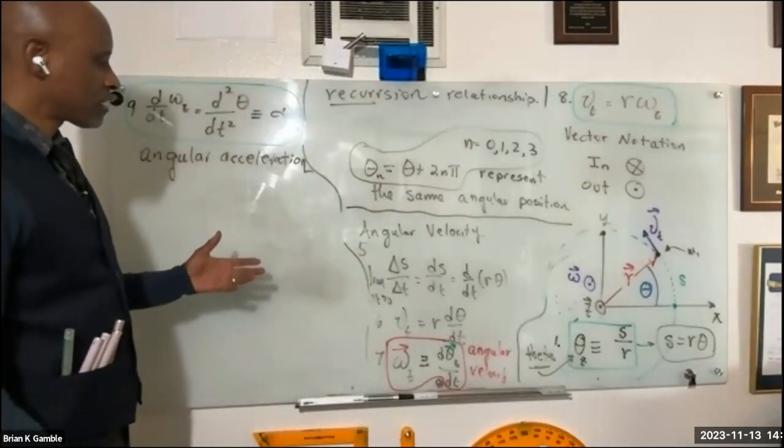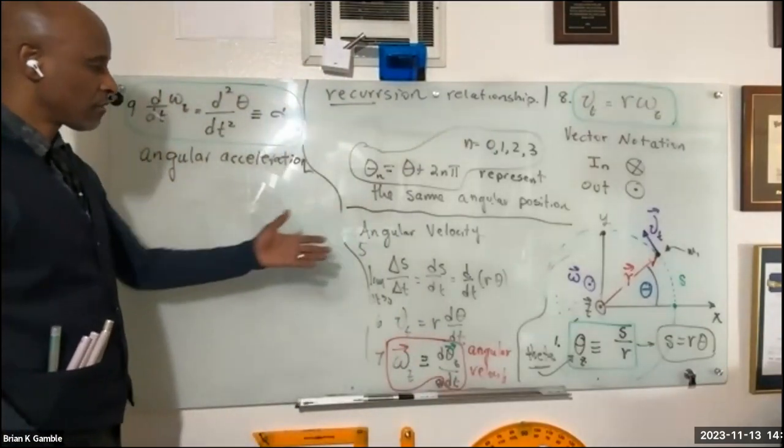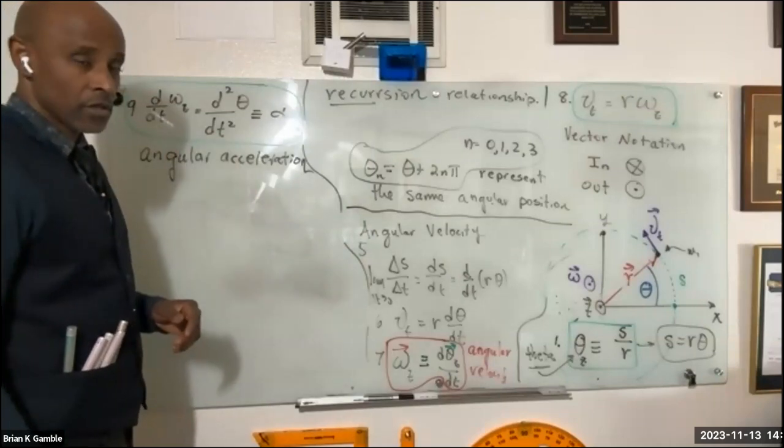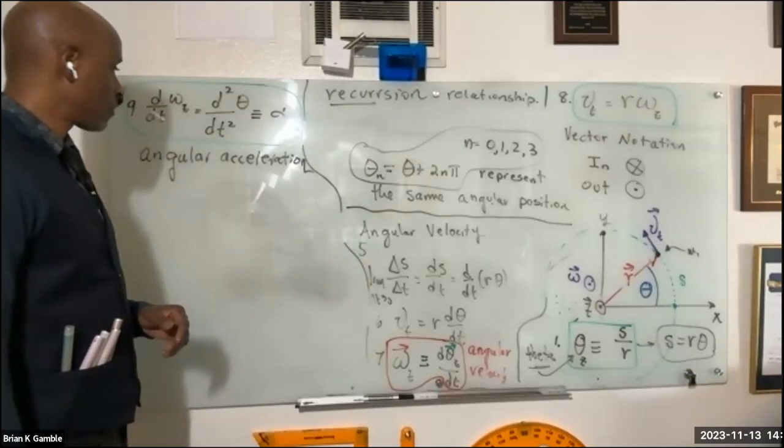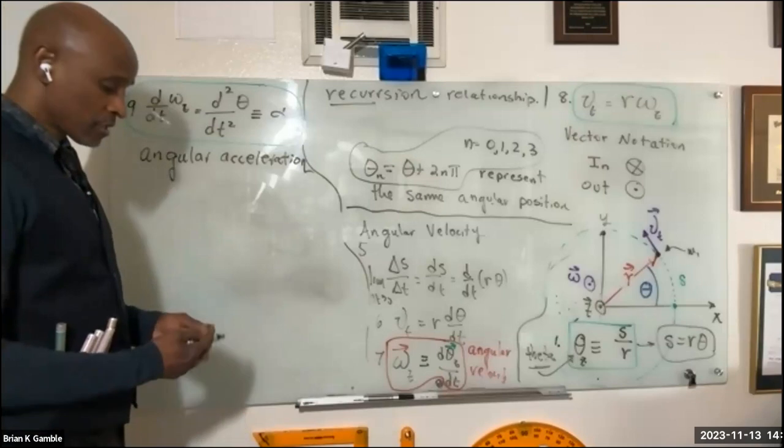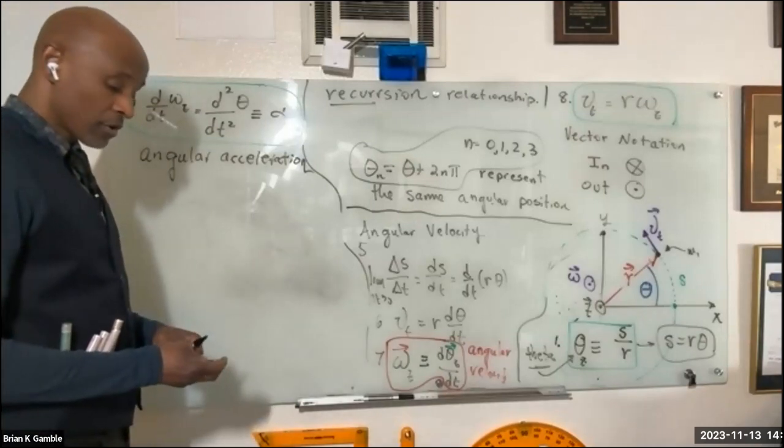So that's the definition of angular position, velocity, and acceleration. Now, we're going to look at two types of motion. Just like before, we can have constant motion or accelerated motion.